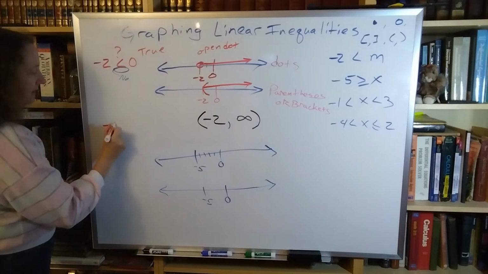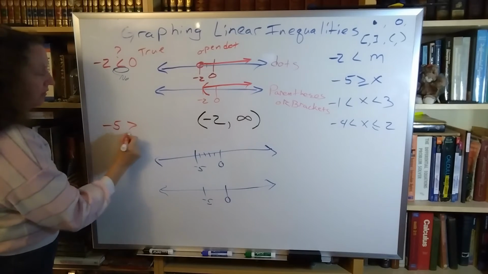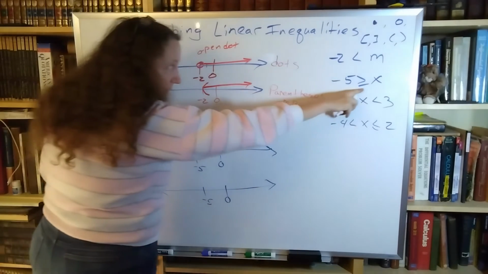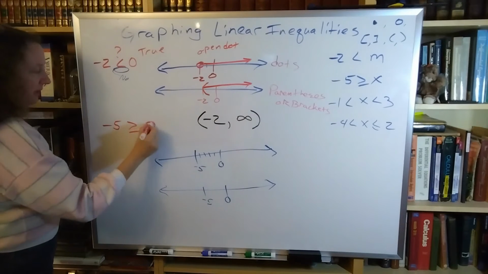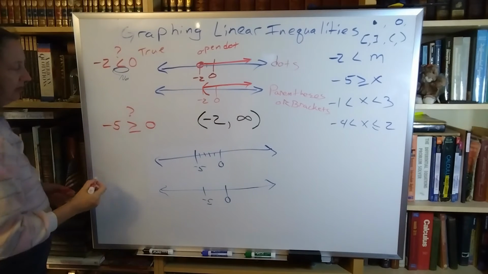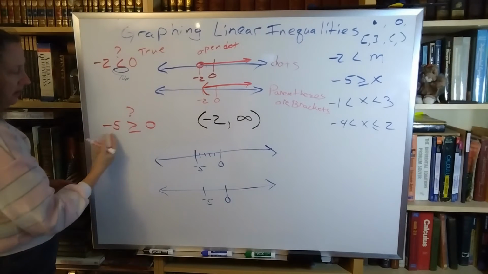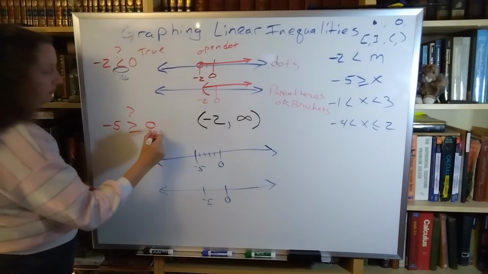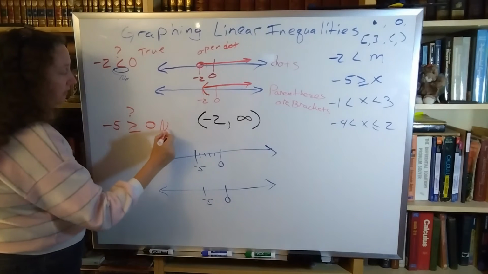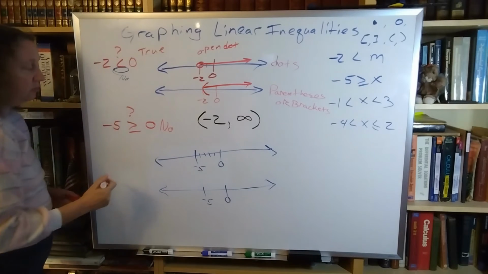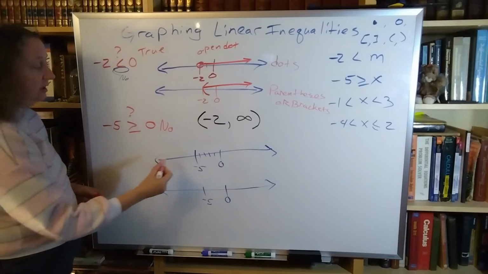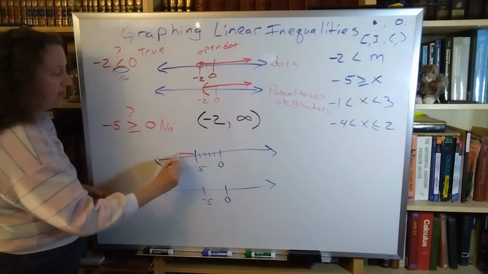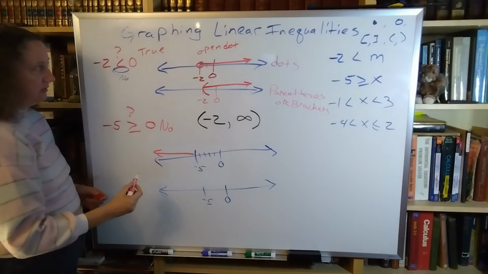So -5 greater than or equal to, same thing as what's written there. Compare that to 0. I'm asking that. -5 is not greater than 0 and is not equal to 0. So no. So that's telling me then I have to go in the opposite direction.